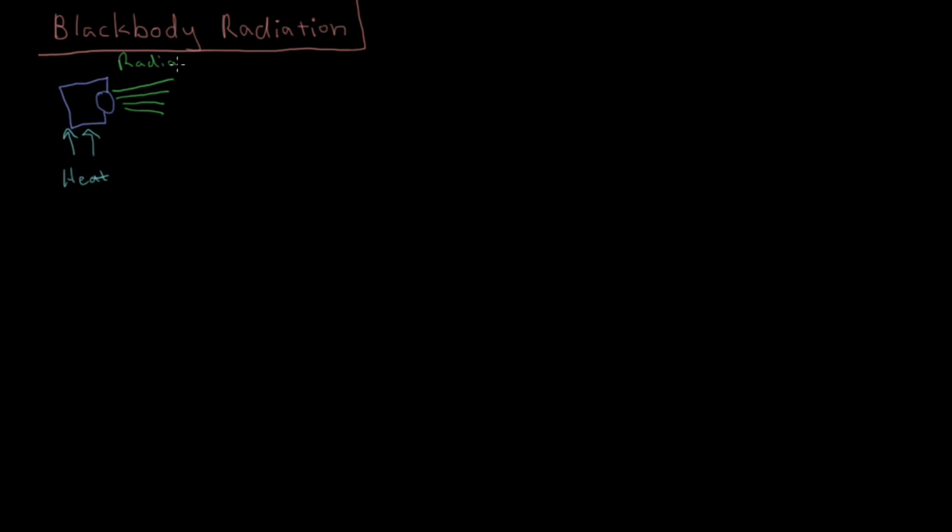This green stuff coming out here is radiation. I'm going to label this blue object as the black body. Black, of course, because something that absorbs radiation of all visible light colors is going to appear black. And then there's some type of detector, which is going to record the spectrum of this radiation being output.